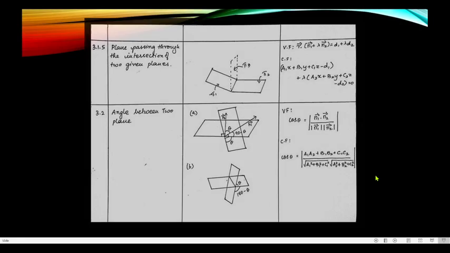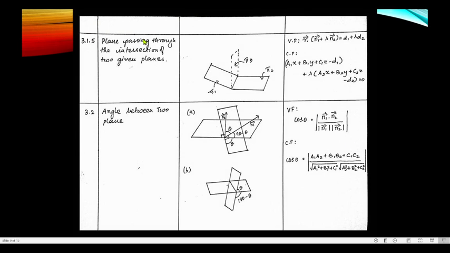Next equation of a plane is plane passing through the intersection of two given planes. I have given a symbolic representation here. You can see that the plane pi 3 is passing through the intersection of the two planes, and the vector form is this.